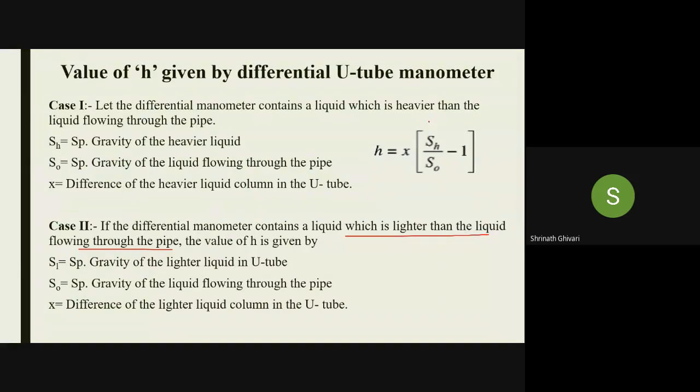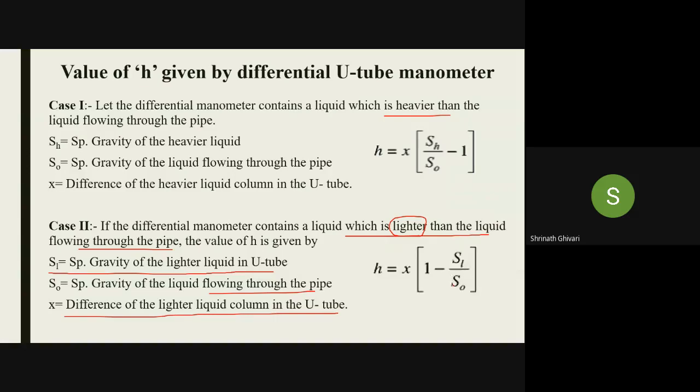So here it was heavier, here it is lighter. The lighter liquid is in the differential manometer, and the liquid flowing through the pipe is heavier. So SL is the specific gravity of the lighter liquid in the U-tube, S0 is the specific gravity of the liquid flowing through the pipe, and X is the difference of the lighter liquid column in the U-tube. The formula changes to H equal to X into (1 minus SL divided by S0).